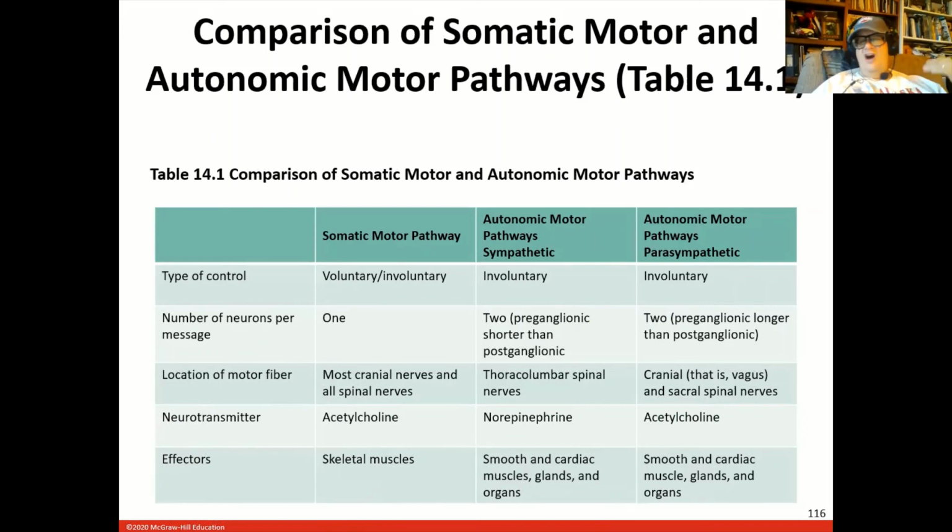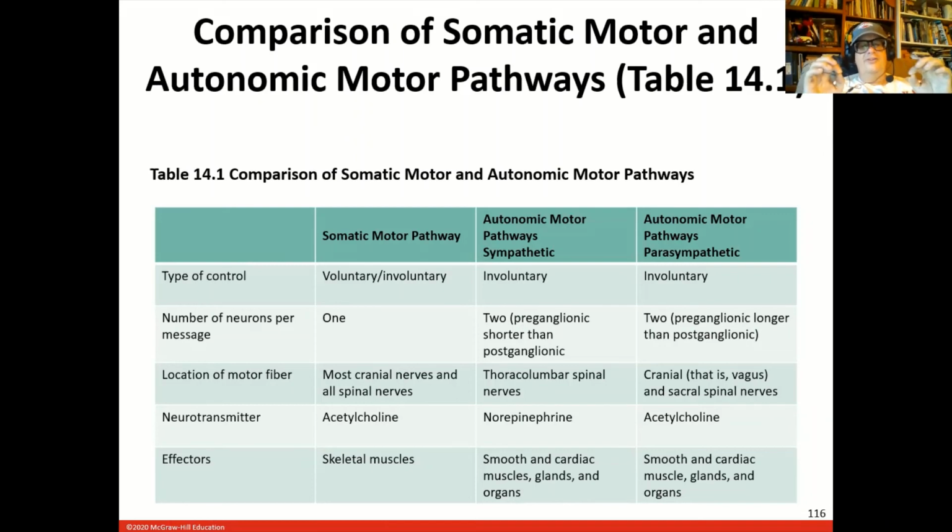That means it's not under voluntary control. Now, sometimes it's sympathetic and it makes you better at running from the bear, but worse at doing digestion. And sometimes it's parasympathetic, and that would make you better at digestion and not so good at running from the bear. But either way, understand autonomic, they have the same targets, smooth muscles, cardiac muscles, glands, organs, and it's not under conscious control.